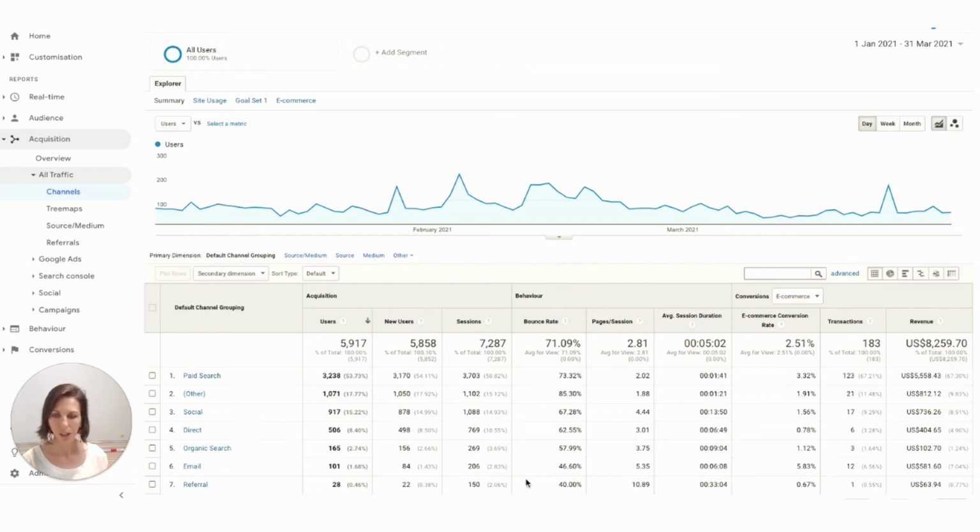For email, you always want that to be quite high, because email is your warm traffic, people who have been on your list for a while or have purchased from you previously. So the conversion rate from email always needs to be much higher than everything else.